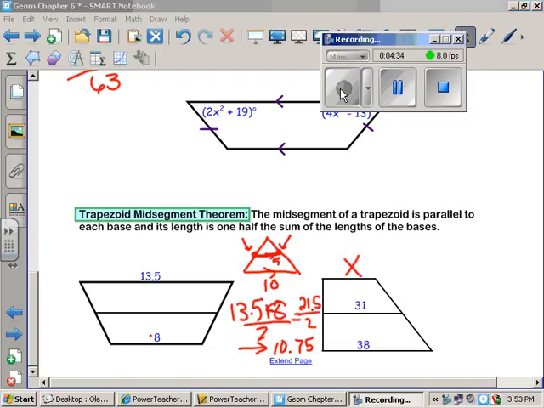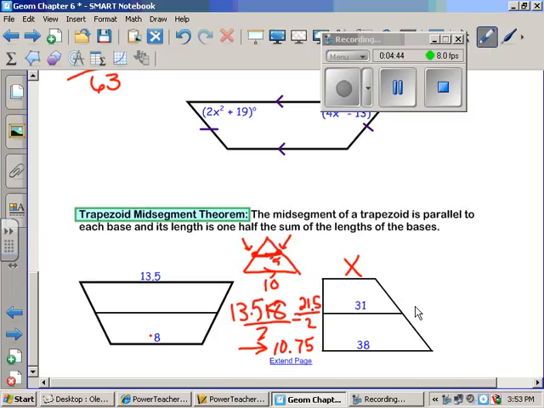Okay, and for this one, we already know the mid-segment, but we're trying to find one of the bases. We would say x plus 38, which is this base and this base, divided by 2 is equal to 31. To solve this, I'd multiply both sides by 2. That would cancel that.